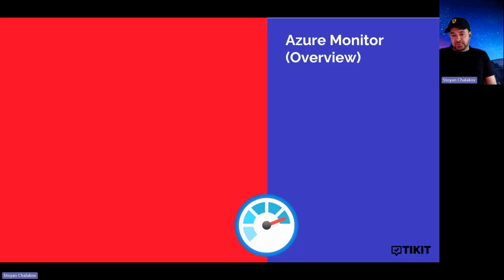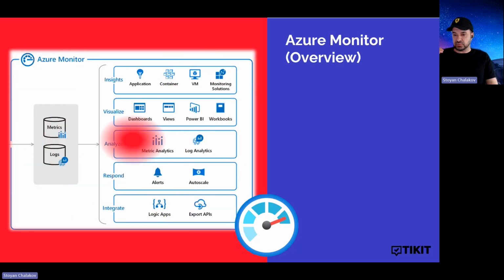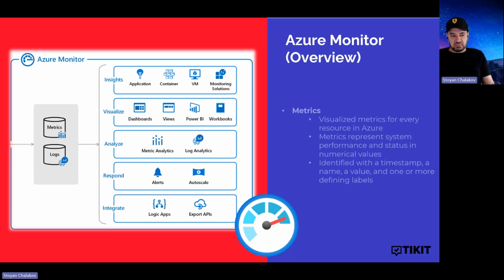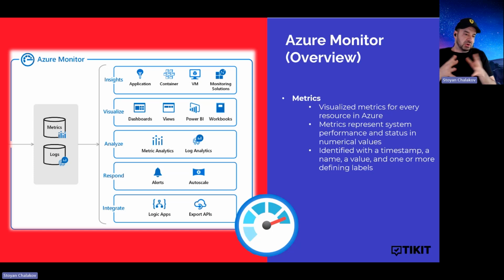Going further, it needs mentioning that Azure Monitor organizes the data in metrics and also logs. Those are the two types of data which are coming to Azure. And actually, metrics give you visualized metrics for every resource in Azure.